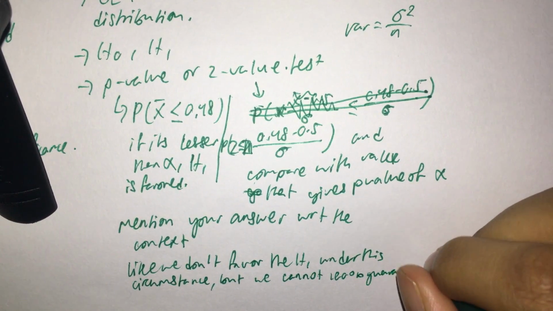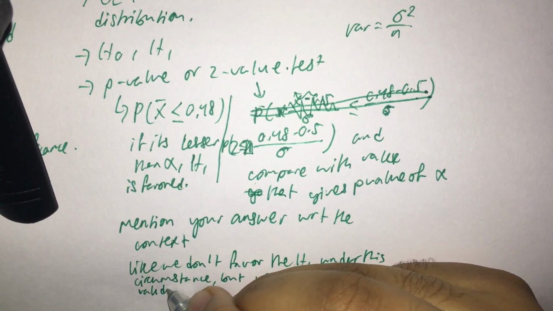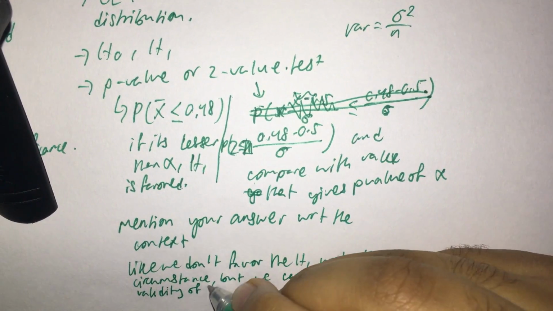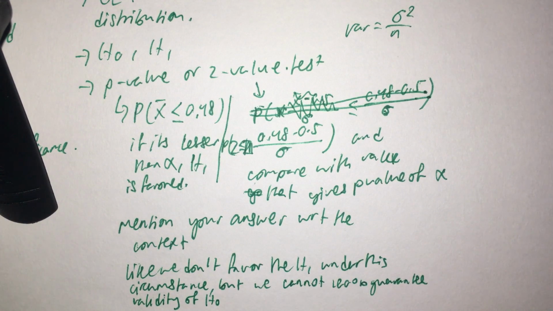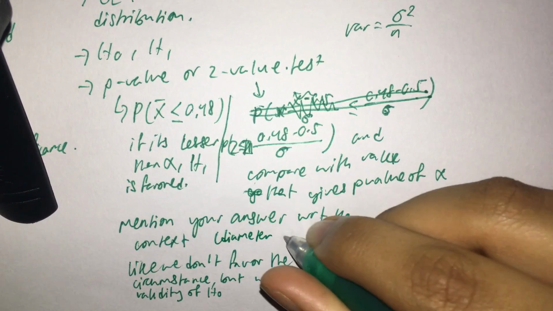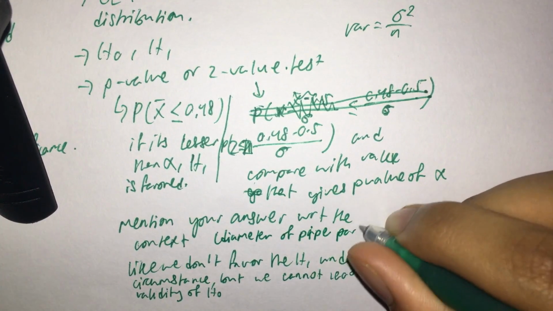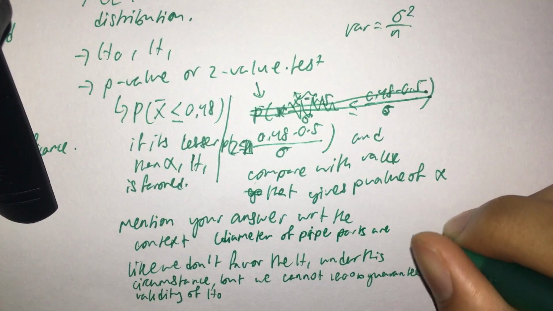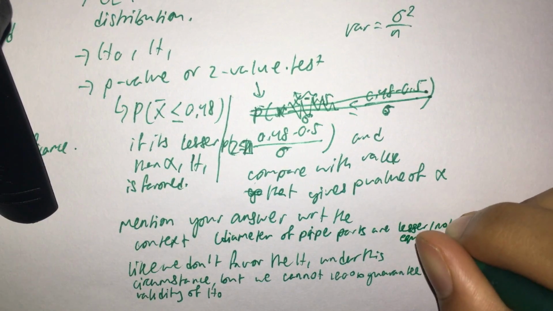So in the context of the question, maybe because you're looking at pipe parts and the diameters, you would say, for example, we favor the alternative hypothesis that the diameter of the pipe parts is lesser than 0.5 centimeters. So you must mention everything with the units and the words that are told in the question, so that your answer is seen in context of the question. Yeah, so do remember to do that.